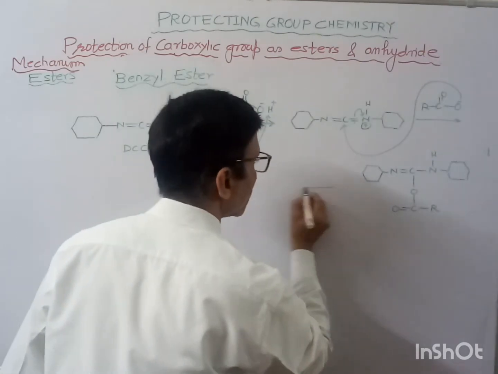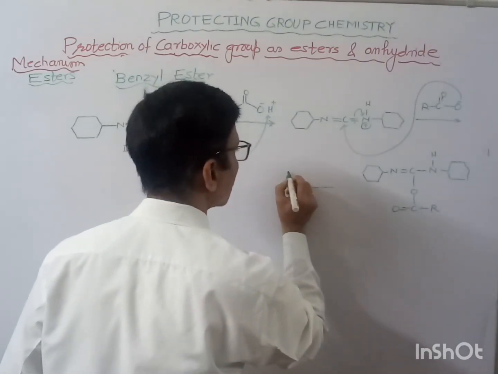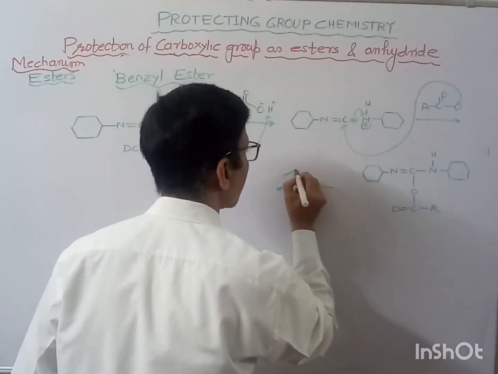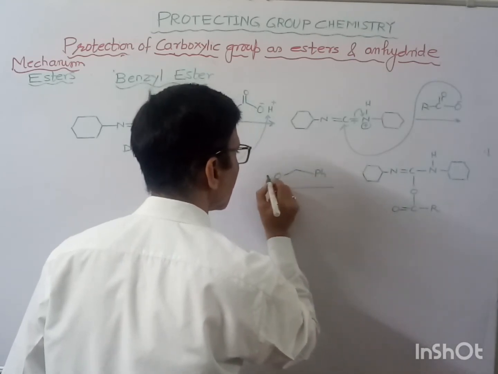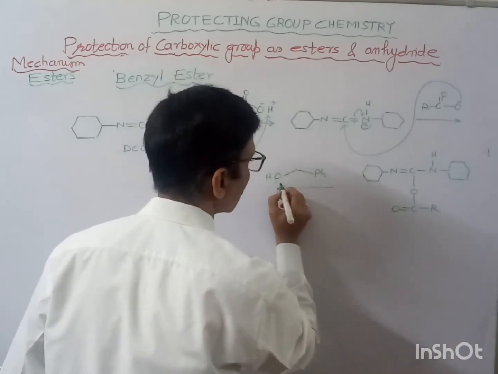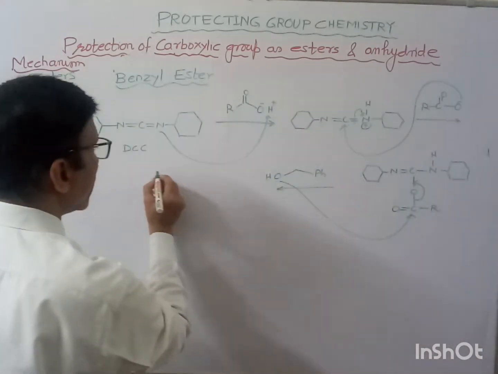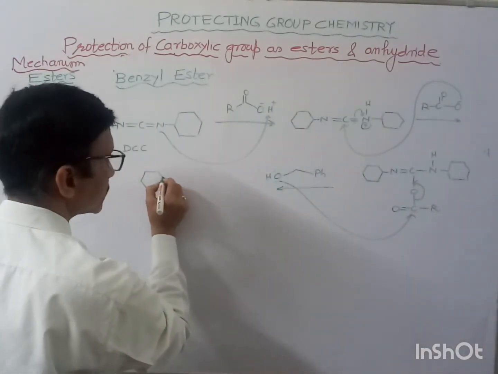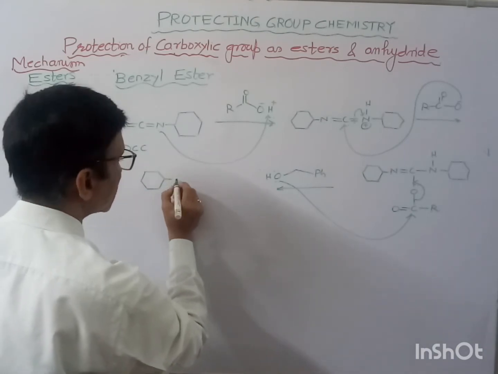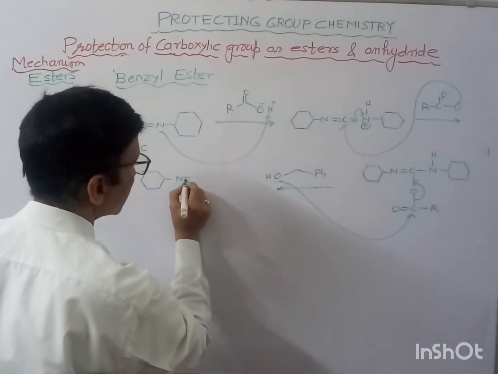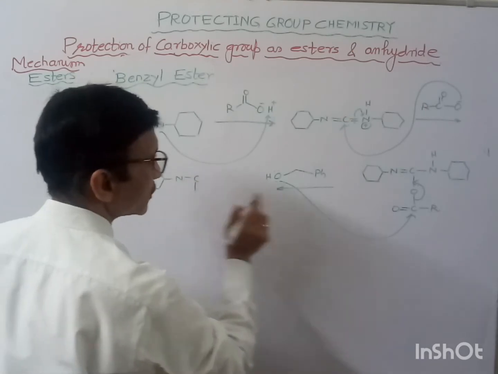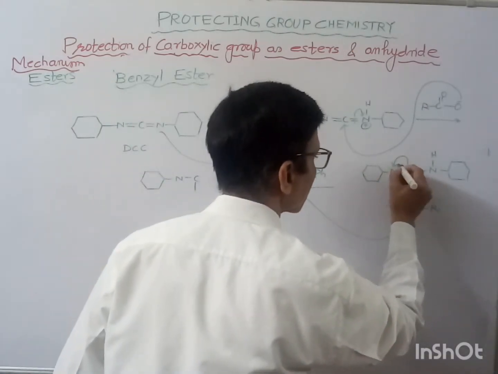Now we have benzyl alcohol. So benzyl alcohol will attack this electrophilic center, this bond will get broken down and we will get C, and this will come over.